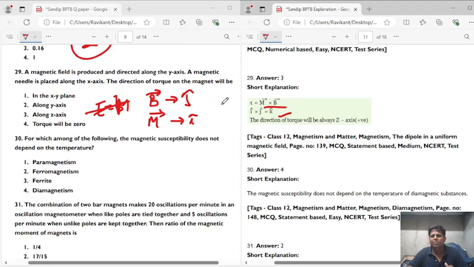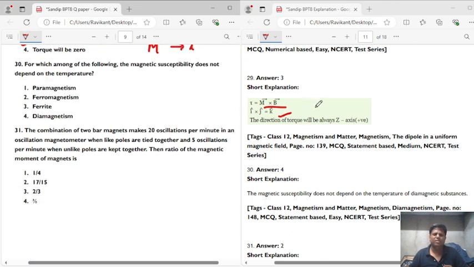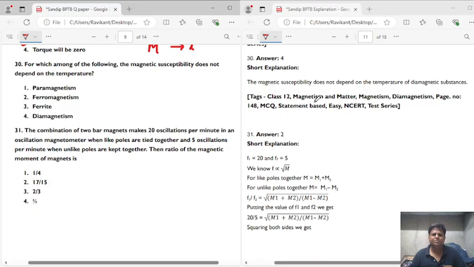So the torque will be along the positive z axis. The options: in the xy plane, along the y axis, along the z axis, torque will be 0. No. The correct answer is option 3. That is, question number 29 has the answer option 3: the torque will be along the z axis. Simply the cross product of vector quantities.